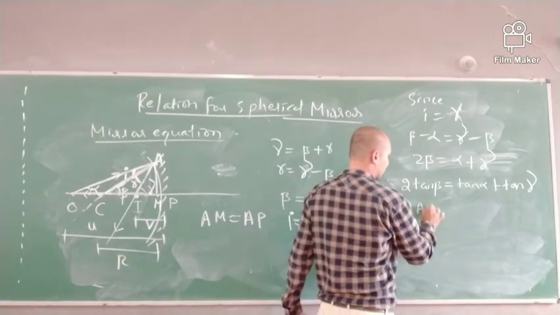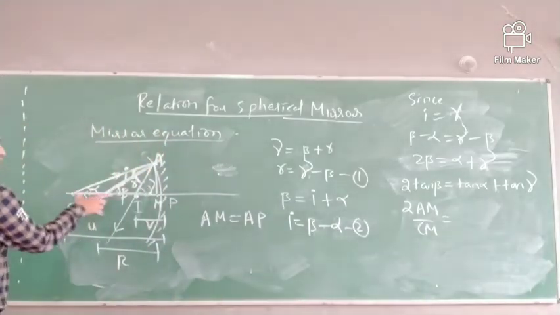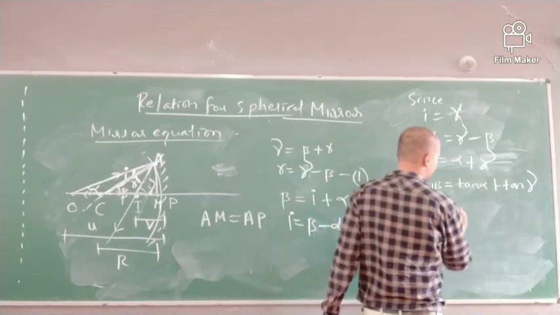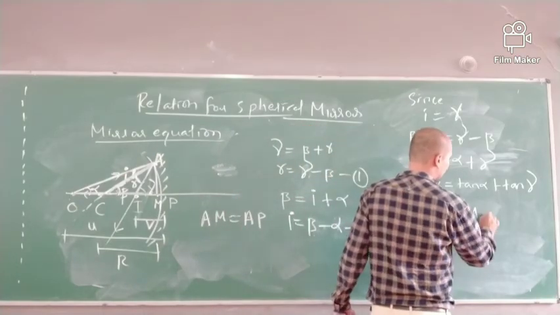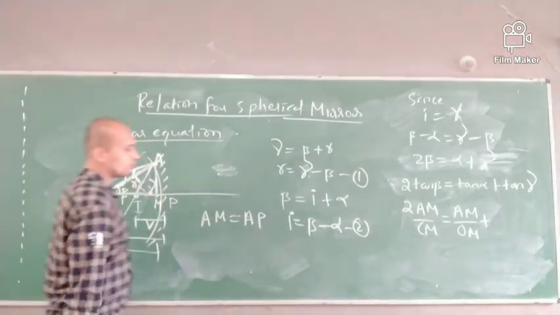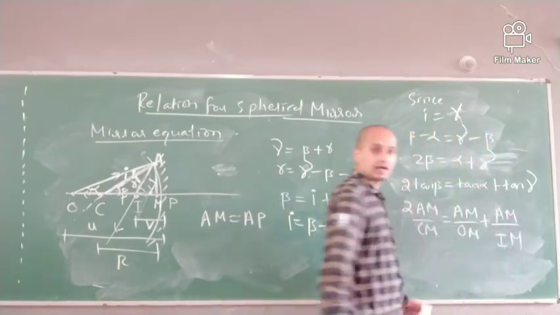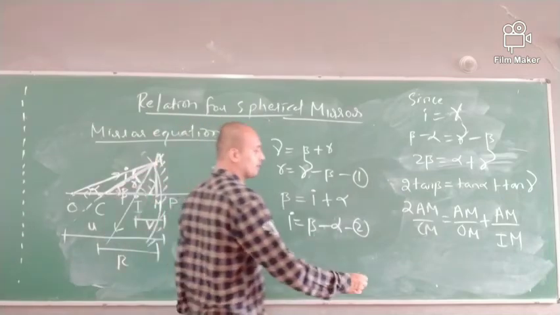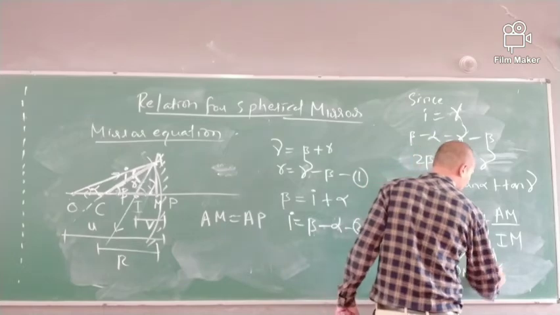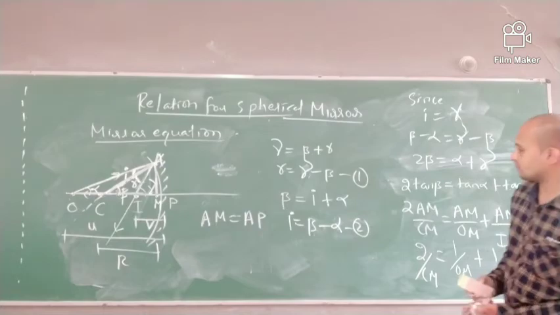So 2 into AM by CM will be equal to tan alpha, which is AM by OM, plus tan gamma, which is also a right angle triangle, AM by IM. Correct, no? Here AM gets cancelled. 2 by CM will be equal to 1 by OM plus 1 by IM.